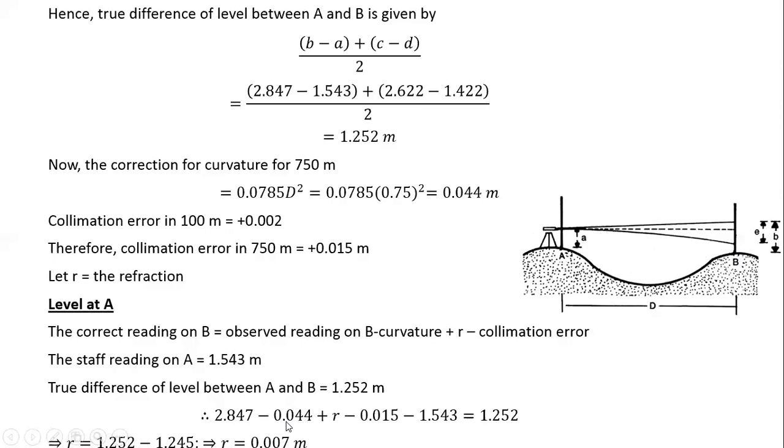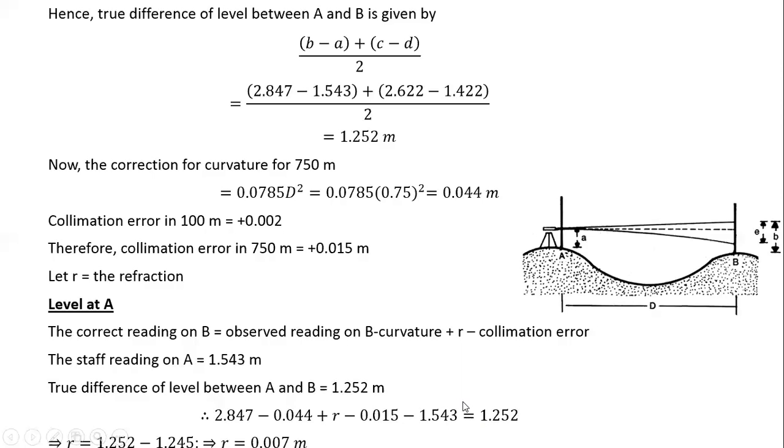Minus curvature, plus R, that is refraction, minus collimation, which is minus 0.015 because of the correction, minus the staff reading at A, that is 1.54. I equate this to the true difference of level between A and B, which is 1.25.